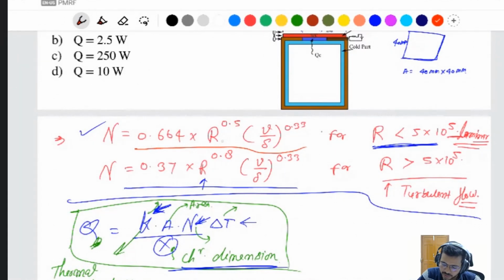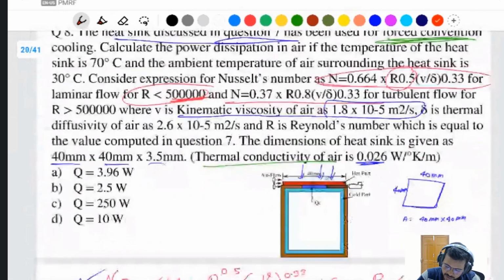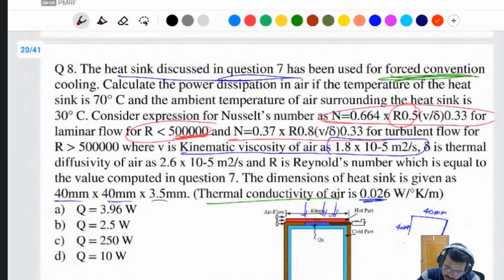n is 0.664 into Reynolds number to the power 0.5 into, this one is the viscosity, and it is also mentioned here, diffusivity 2.6 into 10 to the power minus 5.